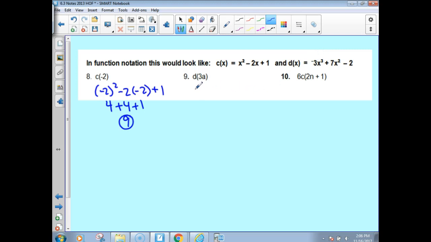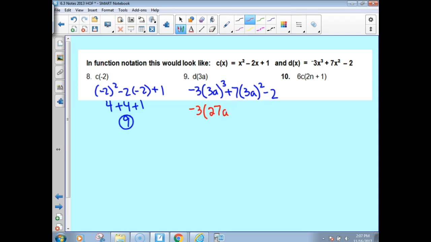The D function will cube its input, so we have to do 3a to the third, plus 7 times 3a to the second, minus 2. A little more opportunity for making errors here. When you are putting something like 3a in, you've got to make sure you cube the entire thing. So, cubing 3, we should have memorized 3 to the third is 27.